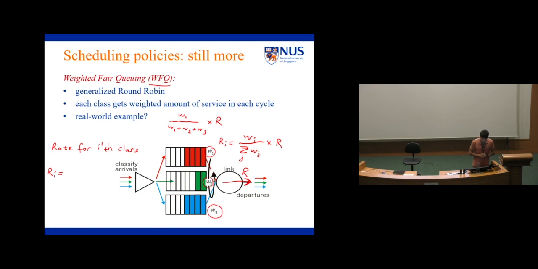Any real world example you can think of here? Well, I couldn't come up with a great example here, but perhaps for different departments of a company or in an enterprise, a large corporation, you might have different priorities, right?